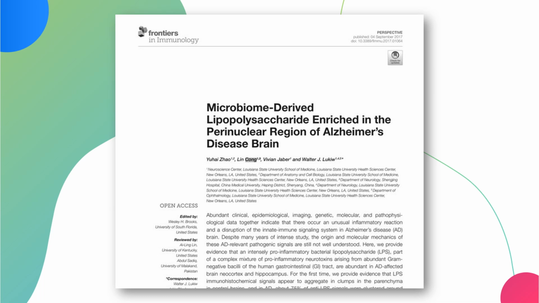LPS was found to bind to the nucleus and actually prevent mRNA communication in the Alzheimer's brain. And the presence of LPS and its inflammatory activation is thought to be one of the main drivers of the development of amyloid beta plaques in the brain.